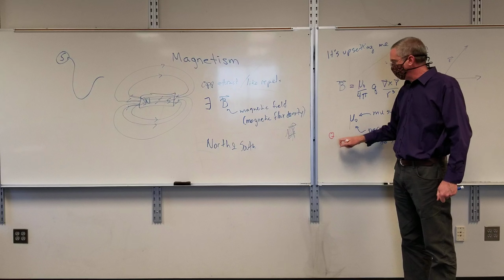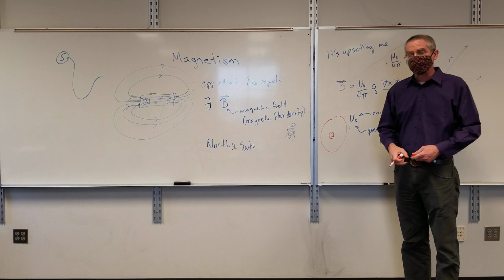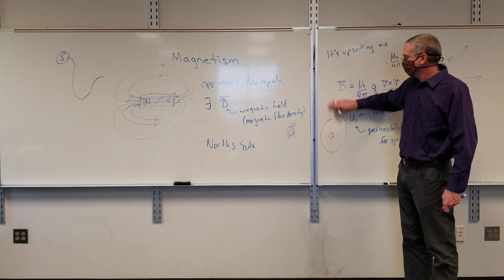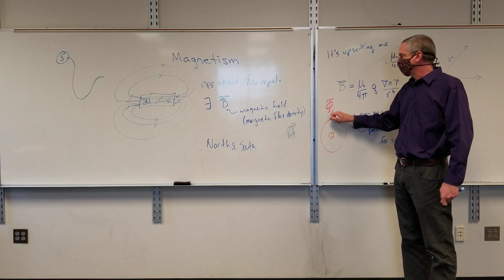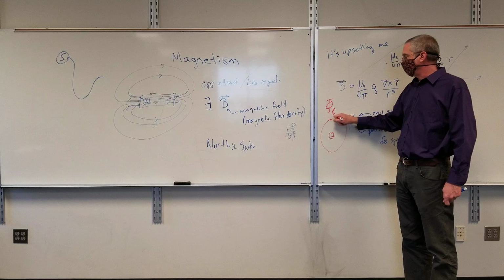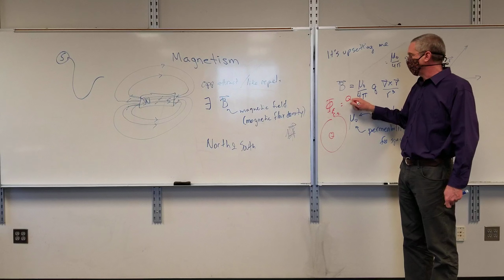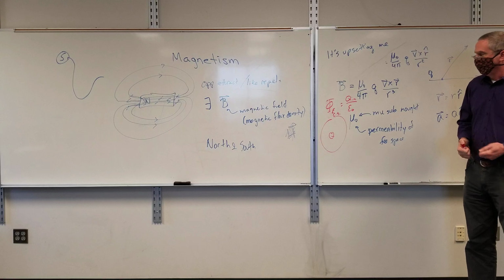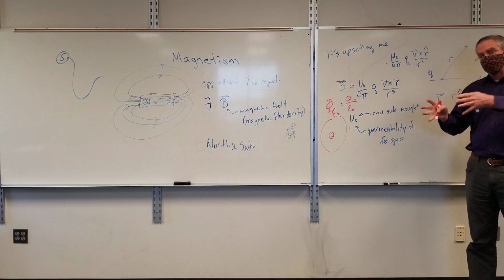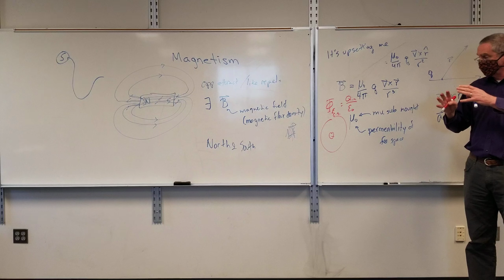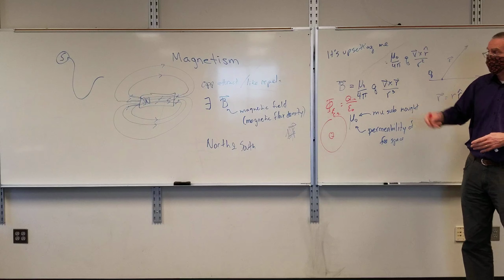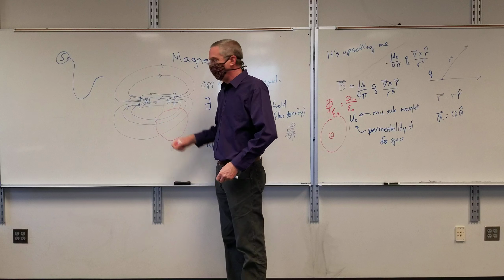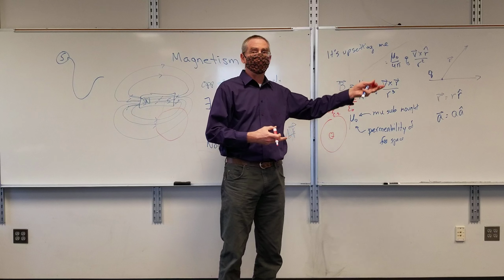If I have some charge here, and I wrap a Gaussian surface around it, I have this formula that the electric flux through a closed surface is equal to that internal charge over epsilon sub naught. Because I can have an electric monopole, so I can have a charge just by itself, but I can't do that here. No matter what surface I draw, I have just as many lines going in as going out.